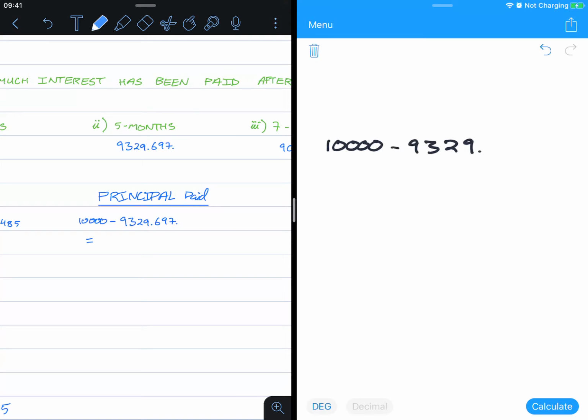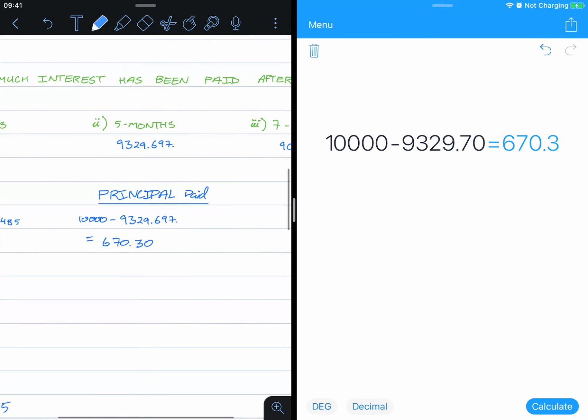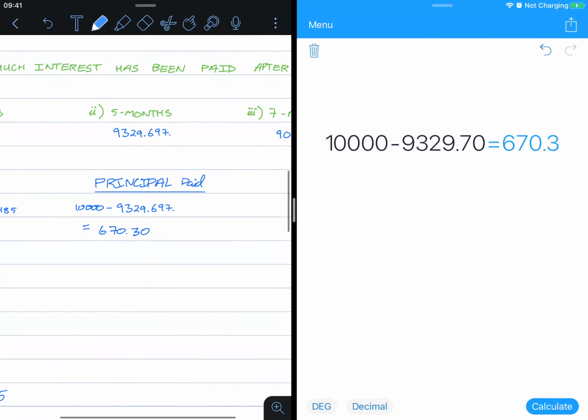Let's round this again to the nearest 10 cents. When it comes to rounding, I'm just doing it to the nearest 10 cents to make it easier for the video, but keep in mind how much the rounding should be when doing a question itself.